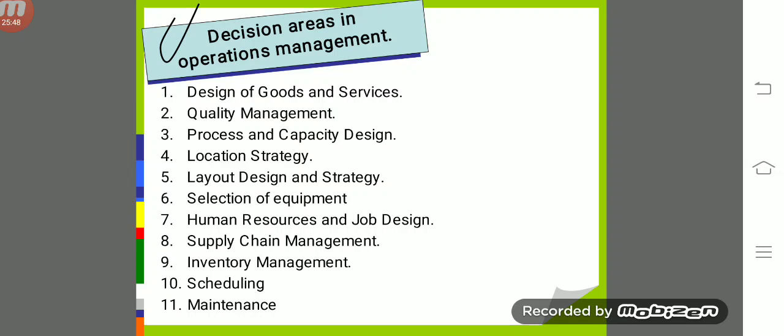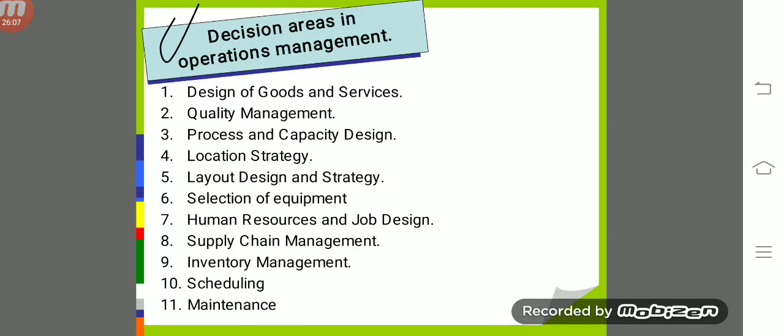Services-wise, it is like a private sector bank and a government bank, or you can take the example of a restaurant. A particular restaurant provides services to customers in a particular way, and a different restaurant provides different services.